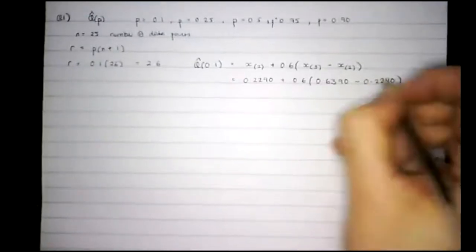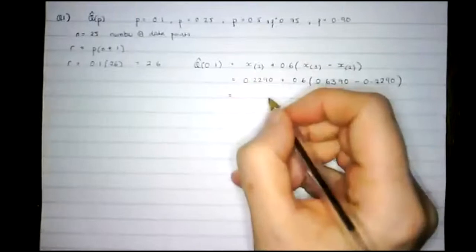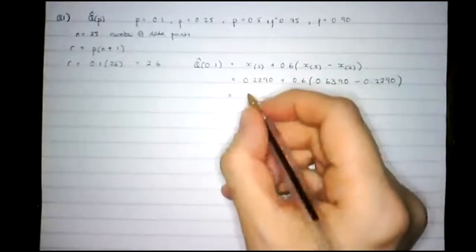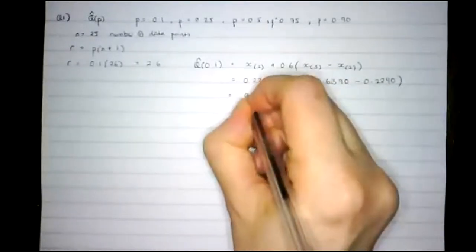So if I plug both of those in and get my calculator out, I'm going to find that the 10th percentile of the sample is at 0.475.